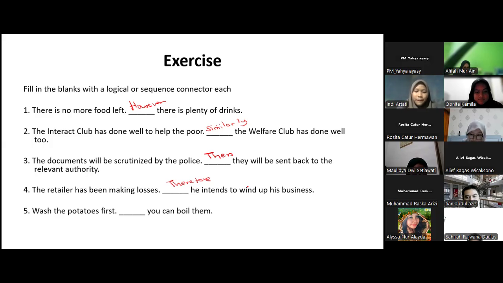Afterwards could be right. You may use afterwards, or you can use then. Wash the potatoes first, then you can boil them. Okay, thank you, Yahya.